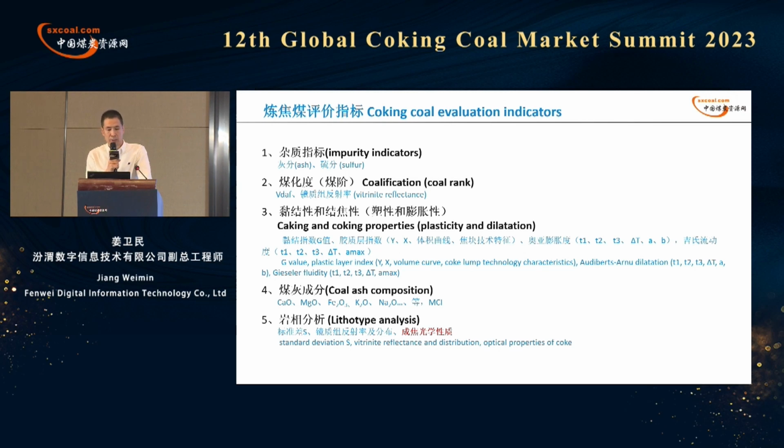The third indicator is caking and coking properties, or the plasticity and dilatation. It contains G value, plastic layer index, Audibert-Arnu dilatation, and Gieseler fluidity, T1, T2, T3, and MX, and so on.